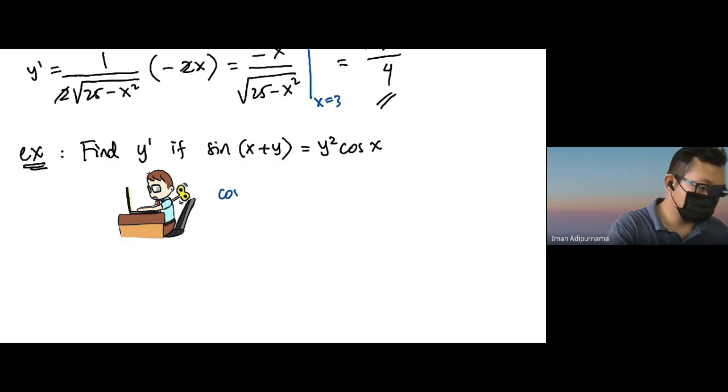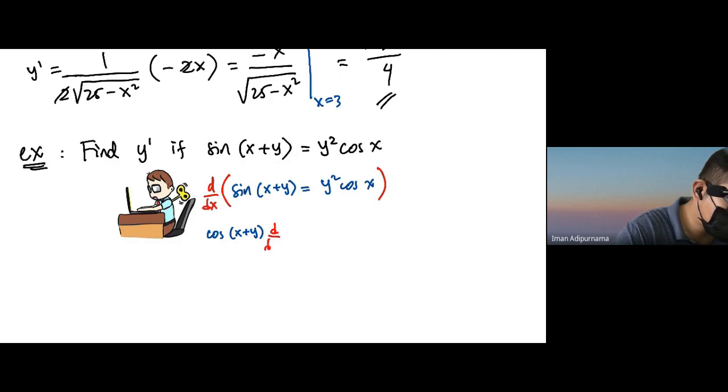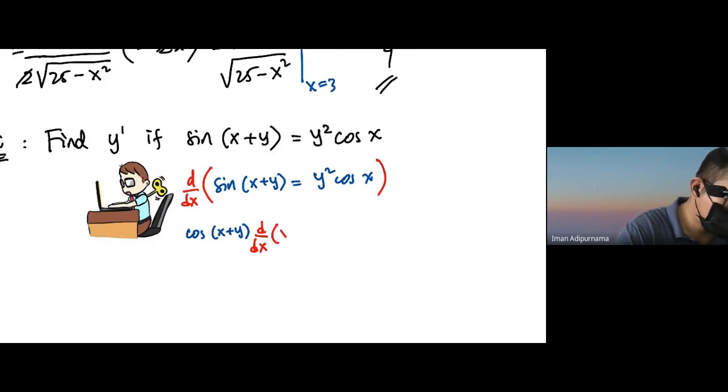We can write the whole thing first: sine x plus y, and then y squared cosine x, and then we differentiate all the things from left to right. So this will be cosine x plus y, and then we need to differentiate x plus y, one step at a time.